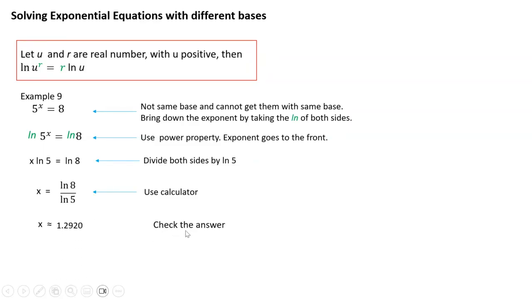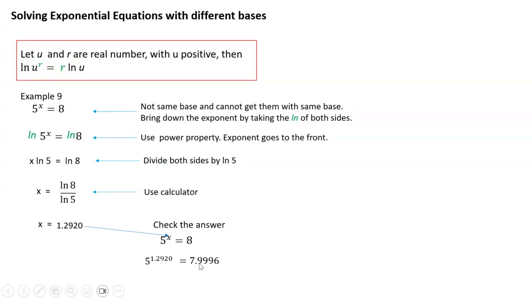Check the answer, right? So 1.2920 is being rounded off to 4 decimal places. Now we can check the work by plugging in 1.2920 for the x's. It's going to give us something real close to 8. Why is it real close? Because we rounded off here. That's why there's no exact answer.